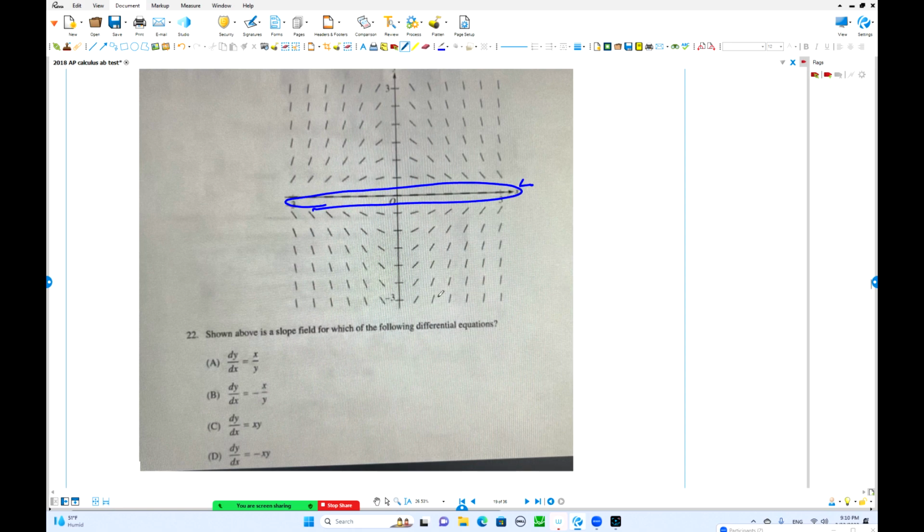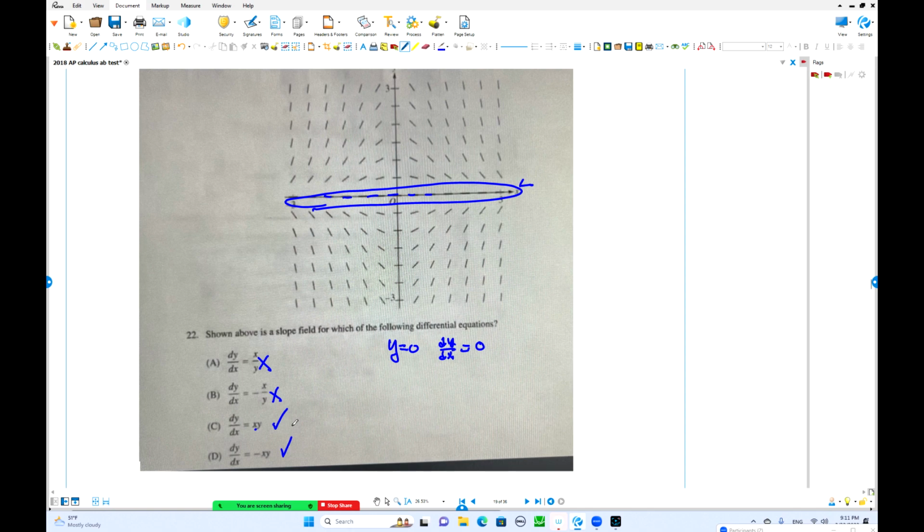If y equals 0, dy/dx, the slope, is 0. So which one is satisfied? The first one, when y equals 0, is undefined. This is wrong. But both of the others will be 0: x times y equals 0, so the slope is 0. This is okay.